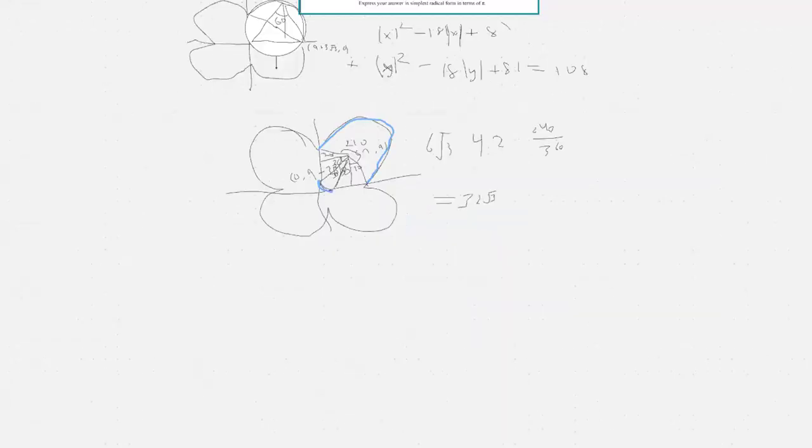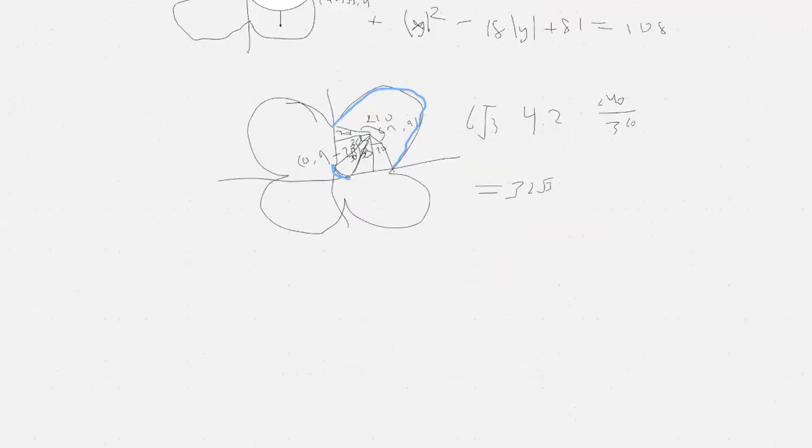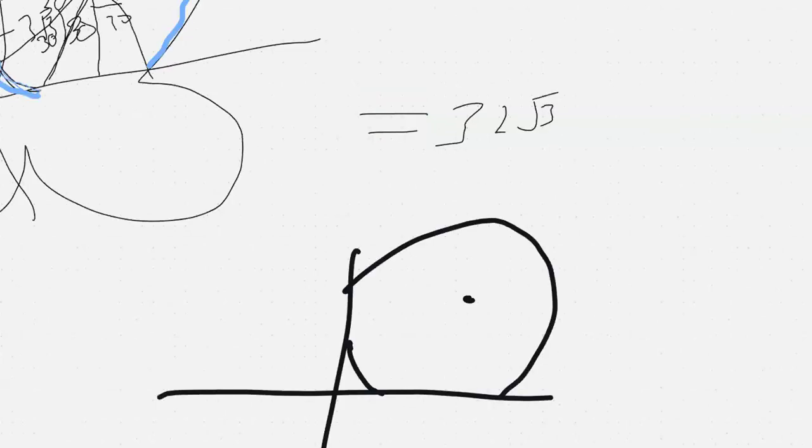Okay, yeah. So basically, you have this circle centered at 9, and then there's two parts that you need to count. This is 9 plus 3 root 3 and 9 minus 3 root 3.